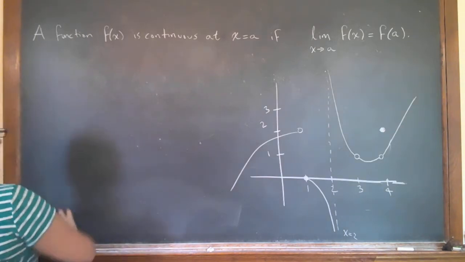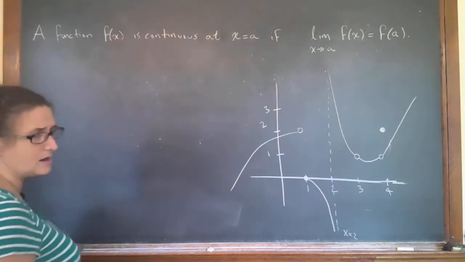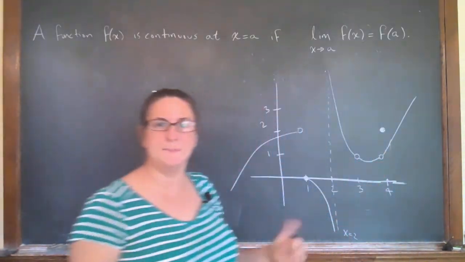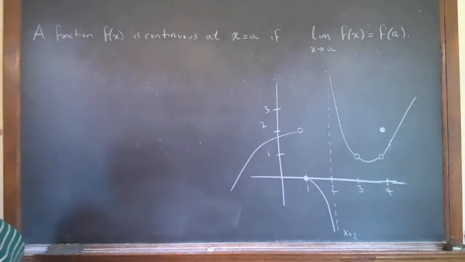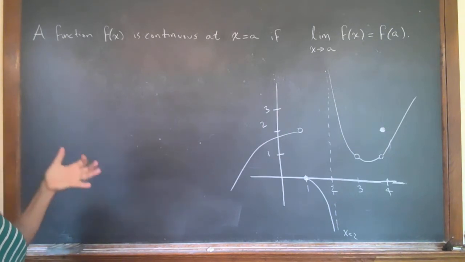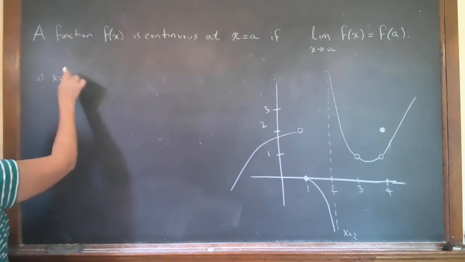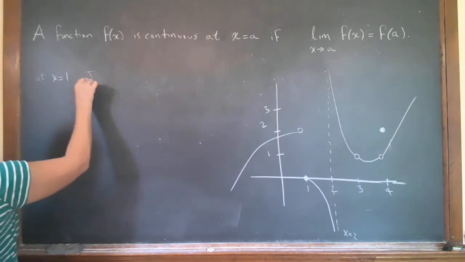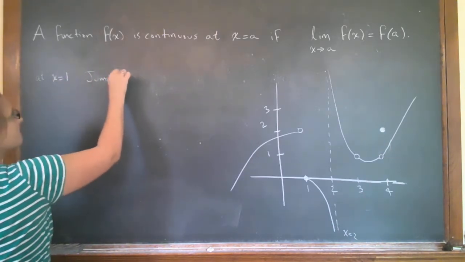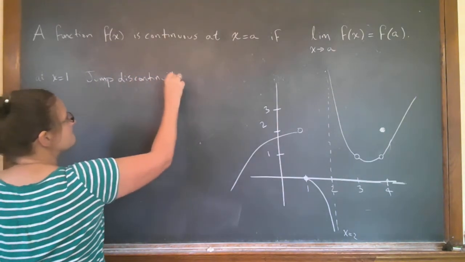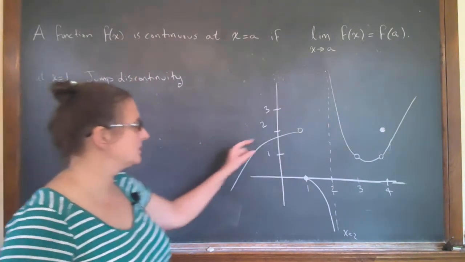These are basically 3 different kinds of discontinuities here. These last 2 are considered the same. And so let me give you their names. So at x equals 1, it's called a jump discontinuity, because there's a jump.